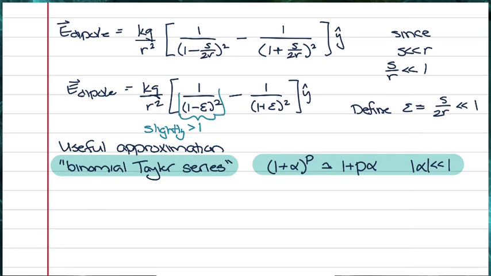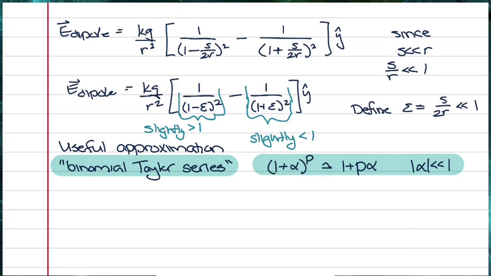Similarly, this entire thing here, I have 1 in the denominator, and then I'm adding something absurdly small to the number 1. So the denominator is slightly bigger than 1. So when I do 1 divided by that, the entire thing is ever so slightly less than 1.